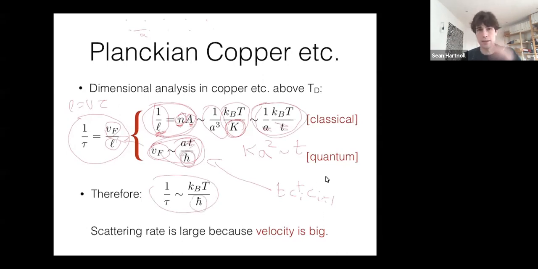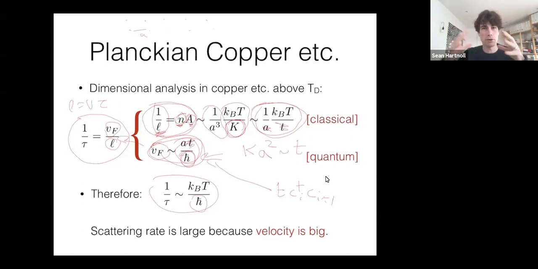So roughly, the reason that the scattering rate is quite large, the lifetime is short in copper, even though the mean free path is long, is because the velocity is so big. Copper has, the electrons move really fast in copper. There's a 1 over hbar in the velocity, and that's because of Pauli exclusion. Normally at low energy, things move slowly.